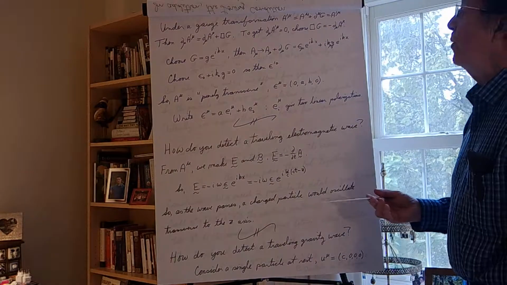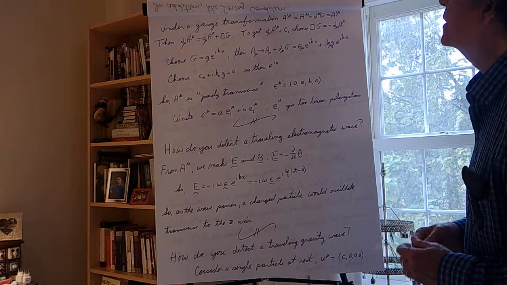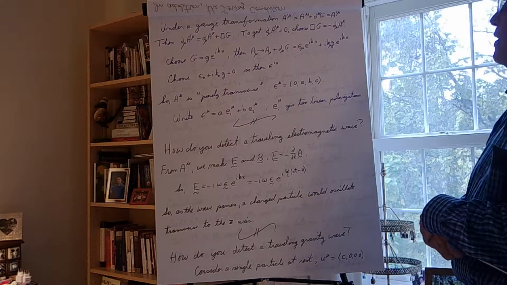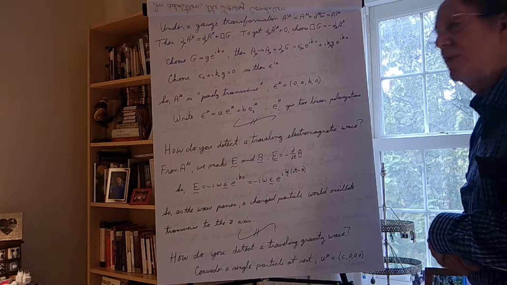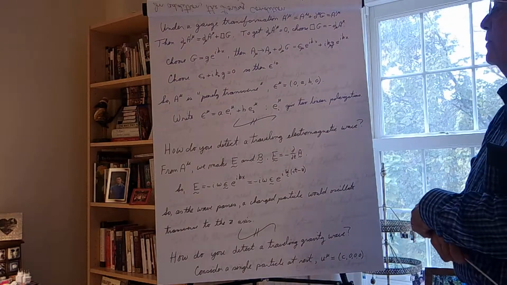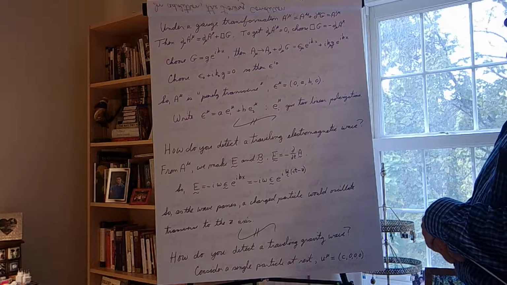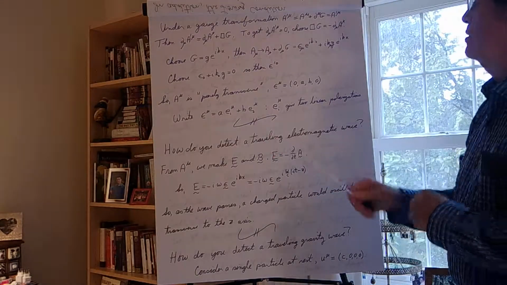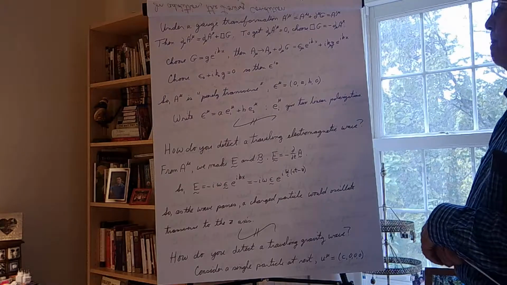So at this point then, I can use the gauge invariance and the choice of the Lorentz gauge to get rid of the 0th and the 3rd component of the polarization vector. That means that A is purely transverse, like this.